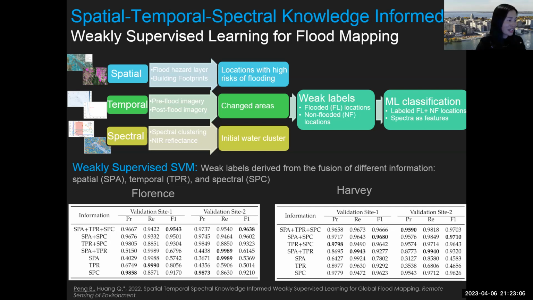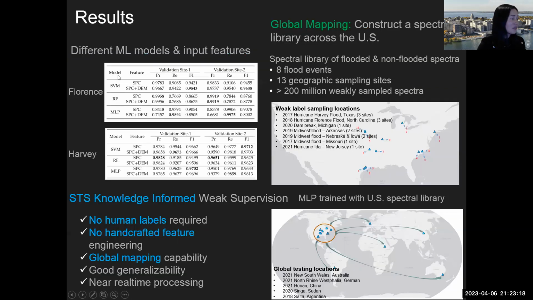And the performance actually is quite fascinating, since our weak labels can have more than 98% accuracy. We also evaluate different machine learning models while training on our weak labels to produce flooding maps. And the result, again, is very promising, more than 96% accuracy for F1 scores for both sites.